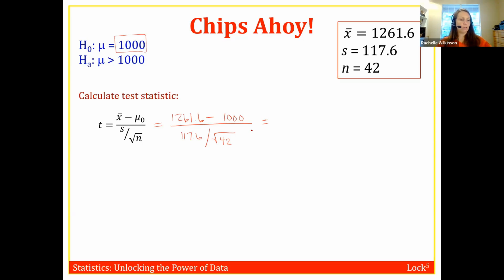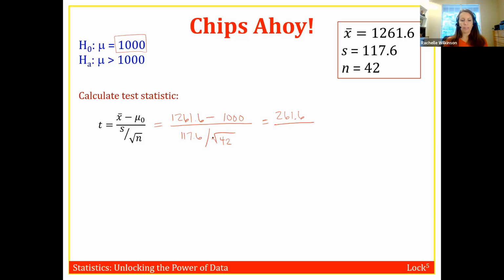All right, it's very important to remember order of operations here. Sometimes it can be useful to do the numerator first, then the denominator, then divide those out. If I take 1261.6 minus 1,000, I get 261.6 for my numerator.